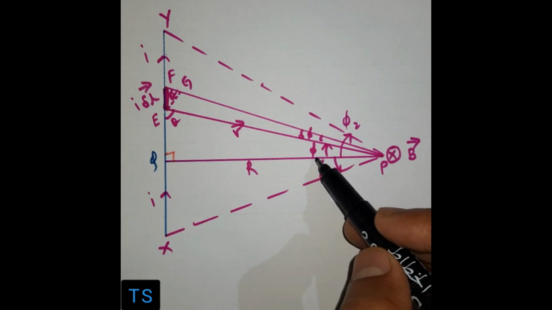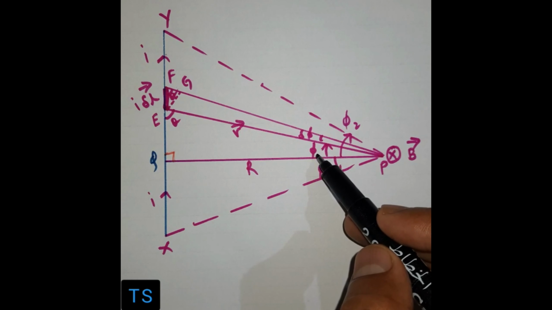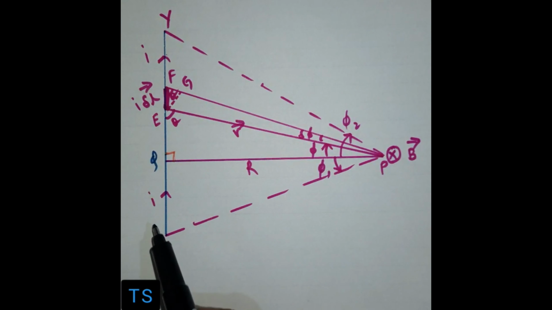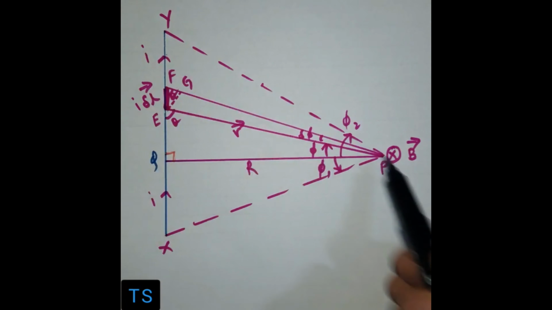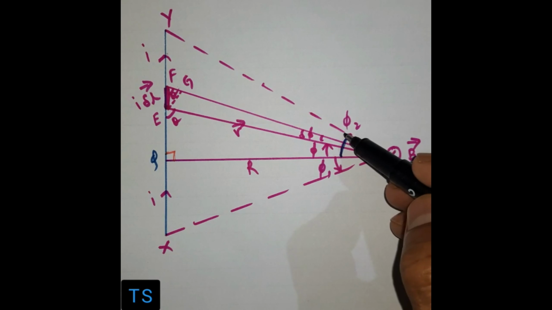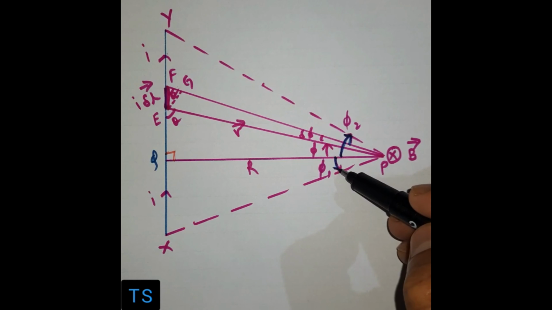Let the angle created over here be phi, and when we calculate the magnetic field due to the whole conductor, we'll join these two points up to point P and let these angles be phi 2 and phi 1 respectively.